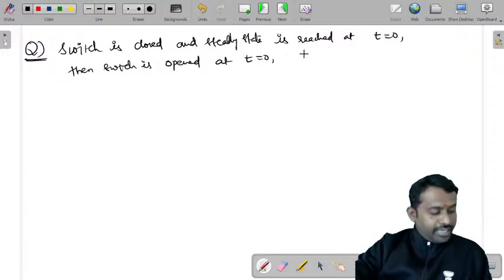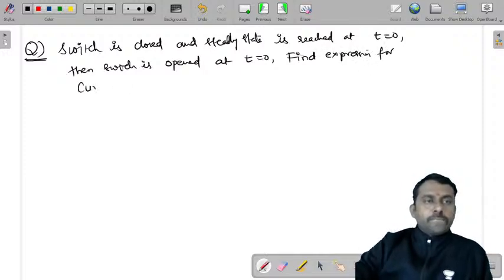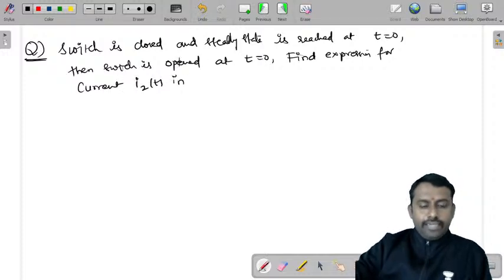Find the expression for current I2 of t in inductor.